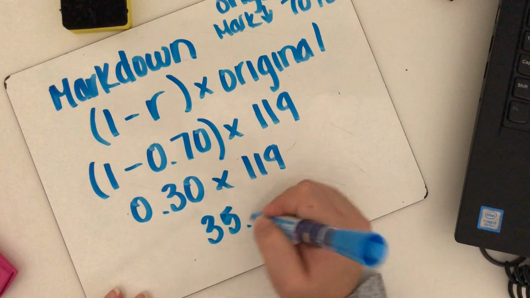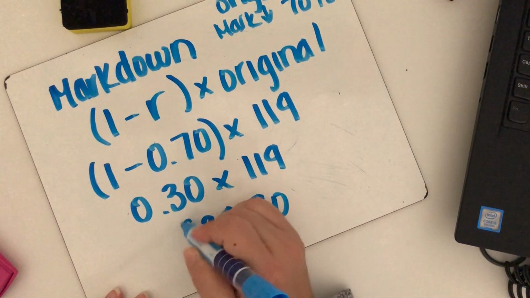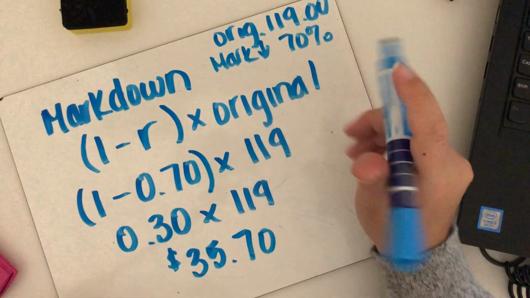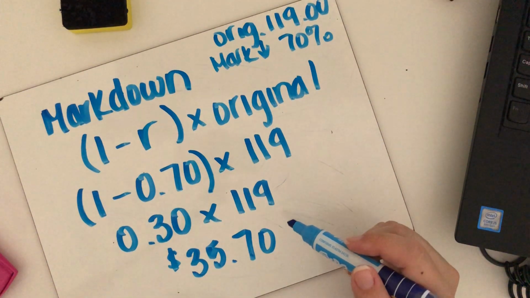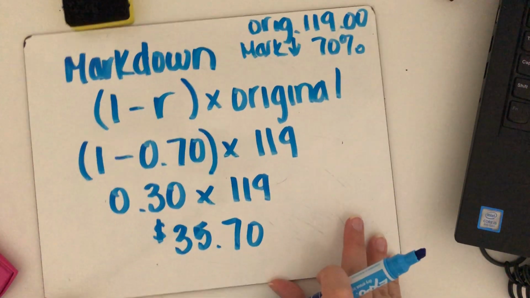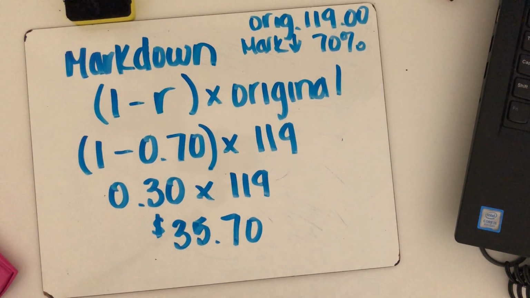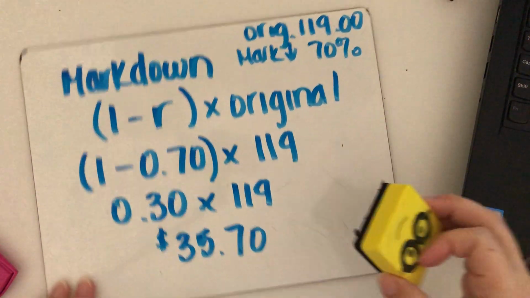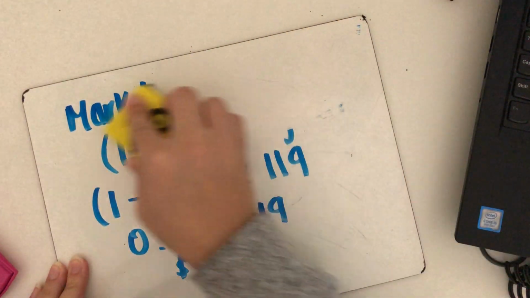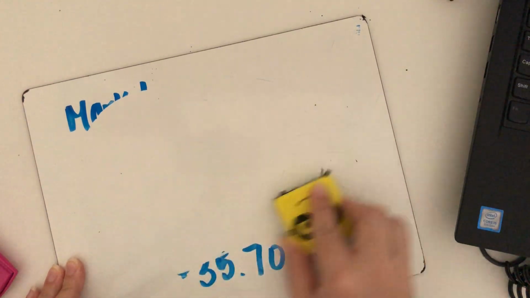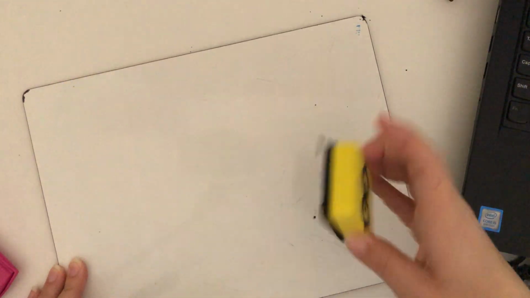That means that after a 70% markdown, I'm going to have a new value of $35.70. So you can use that formula for your markups and markdowns. Just be careful with the wording that your word problems actually give you, okay?